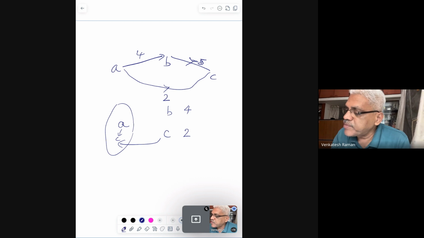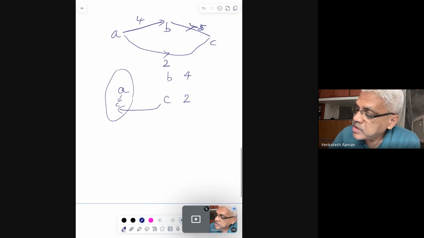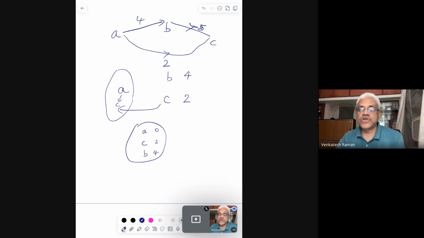It remains 4 because B is adjacent only to A. There's an edge from A, but not from C. So B will remain as it is. And then B will come inside at a distance of 4. So finally, it will say A is at distance 0, C is at distance 2, and B is at distance 4, and that's how it will stop.